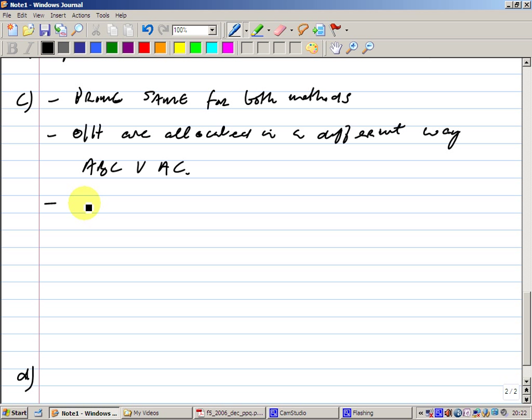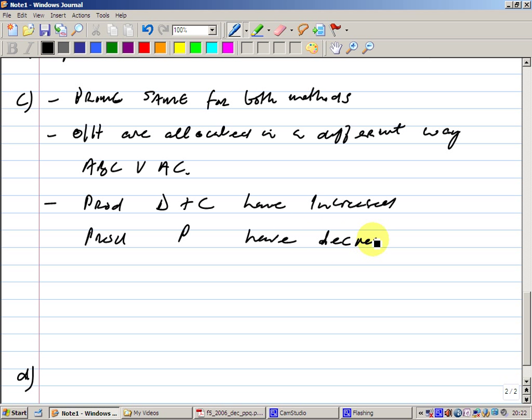The next one would be to say what is the result? So products D and C have increased overheads, and product P has decreased overheads.